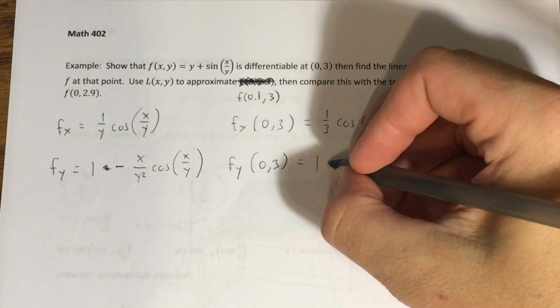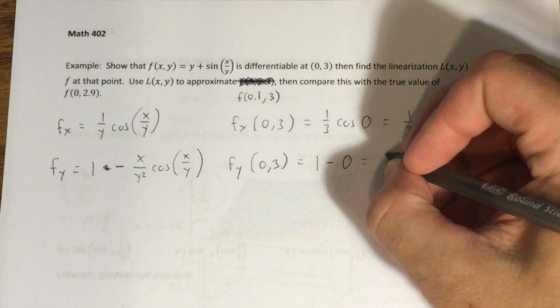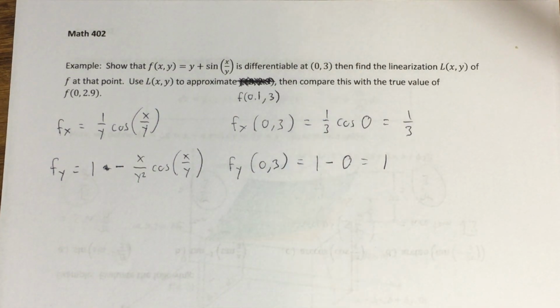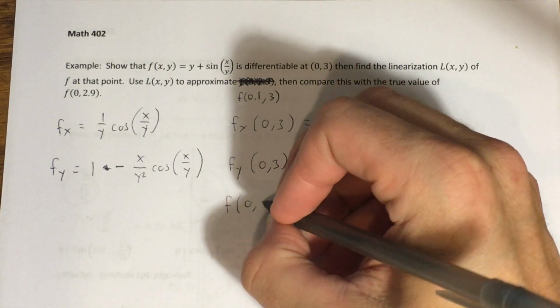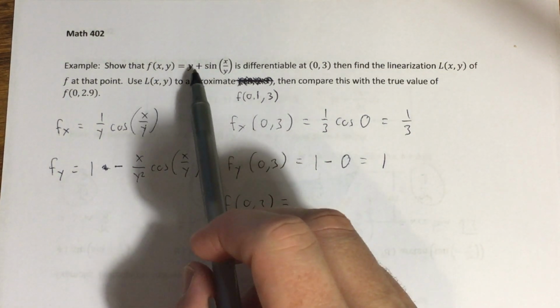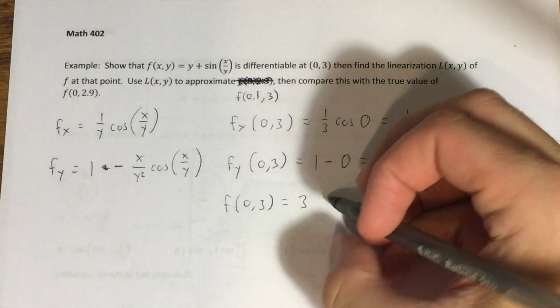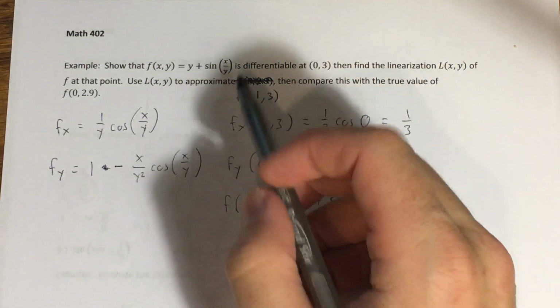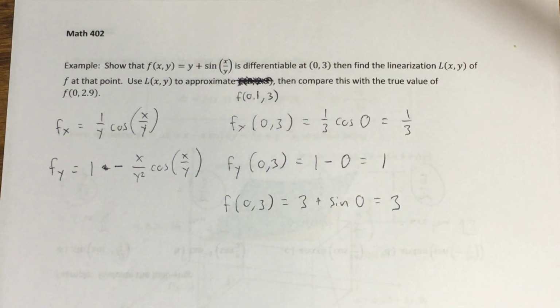So that would be 1 minus, well, plugging in 0 for x here gives me 0, and the whole thing is going to go to 0, so that's just equal to 1. Finally, I also need f of (0, 3), because that's going to show up in my linearization. That's the constant term. So plugging in (0, 3), that's going to be 3 plus sine of 0 thirds, or sine of 0, that's just 3.